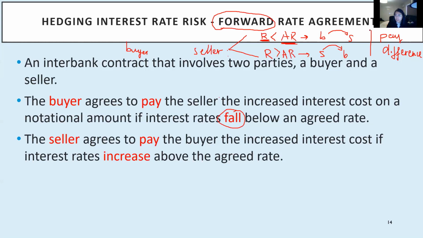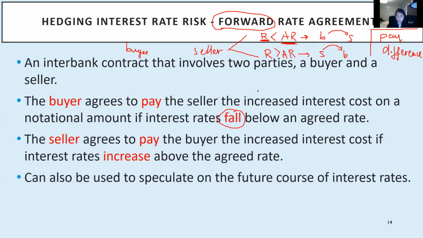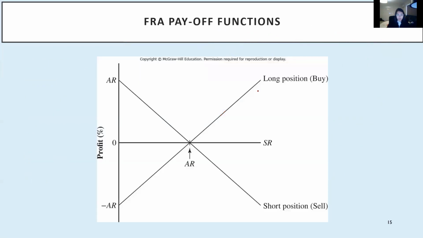So this is called a net settlement. You only just settle the difference, okay? So just like any forward contracts, you can also use the forward agreements for speculations as well, okay? I'm going to show you how on the next slide.